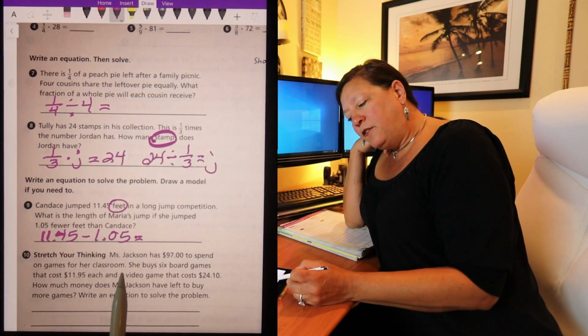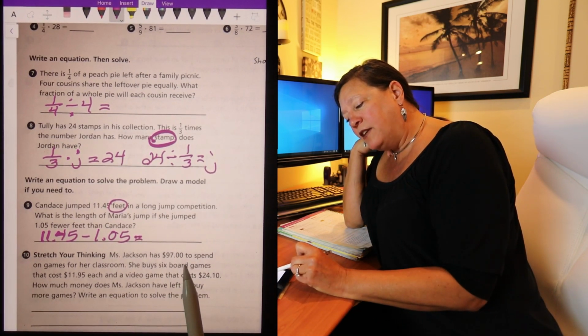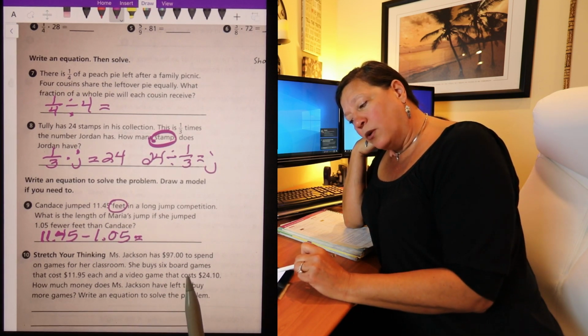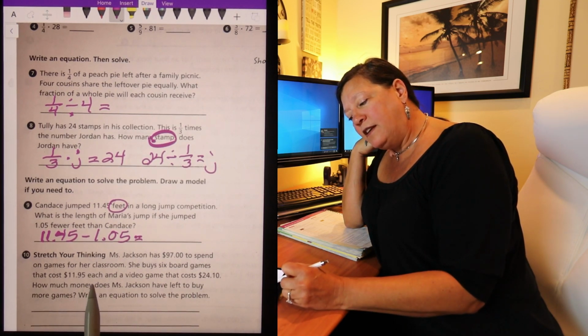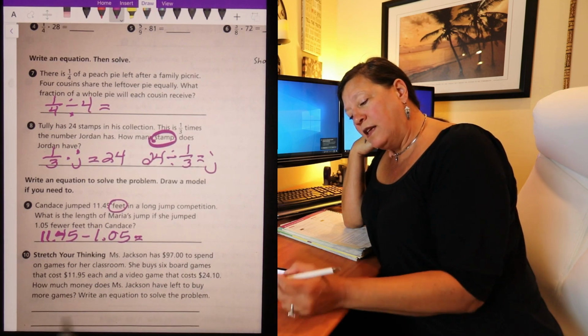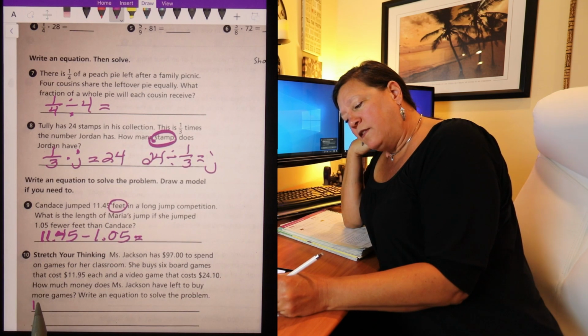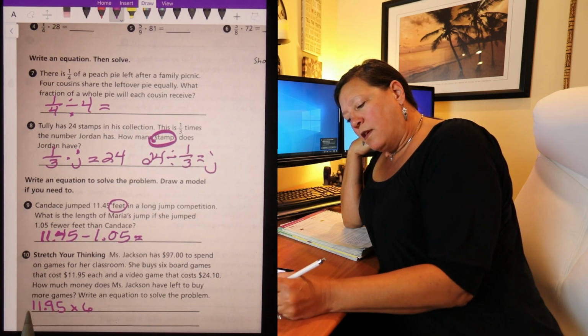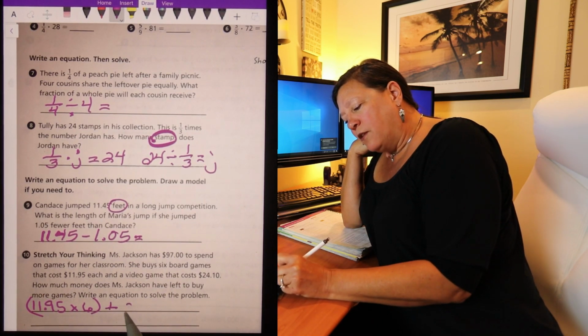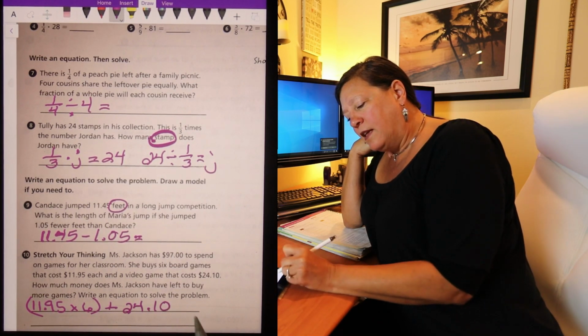Stretch your thinking. Miss Jackson has $97 to spend on games for her classroom. She buys 6 board games that cost $11.95 each and a video game that costs $24.10. Okay, so there's 6 at $11.95 each. So we have to figure out what that is, plus another video game for $24.10.